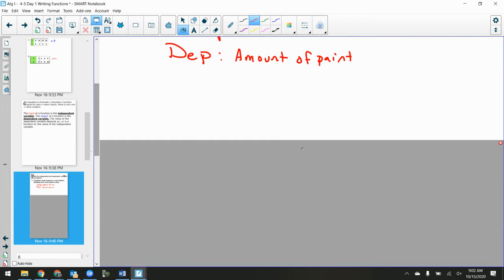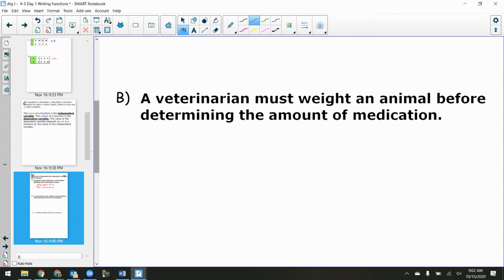Okay, so let's take a look here. A veterinarian must weigh an animal before determining the amount of medication. So what's the independent variable? Carson? The weight of the animal. Good.